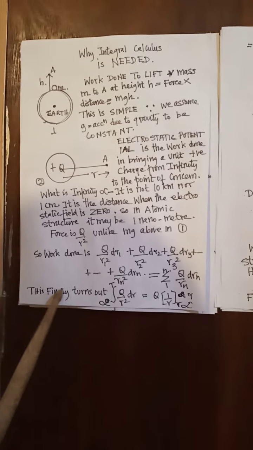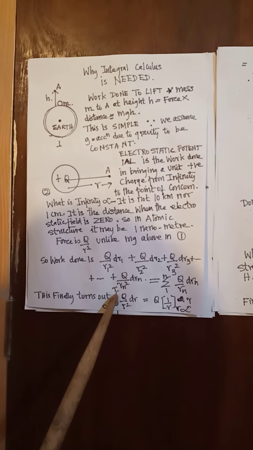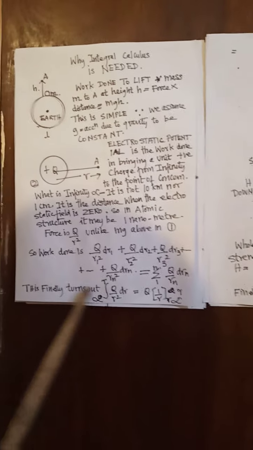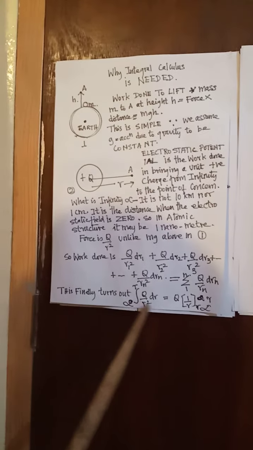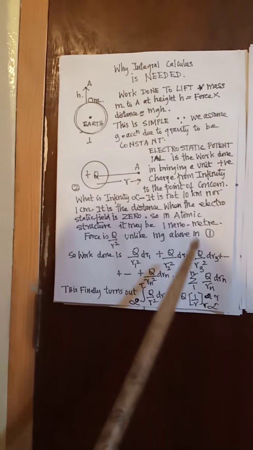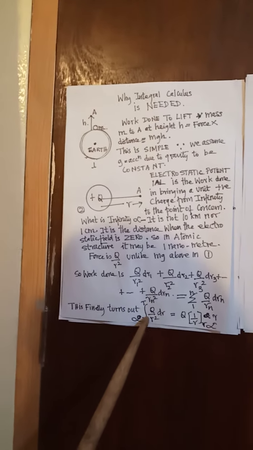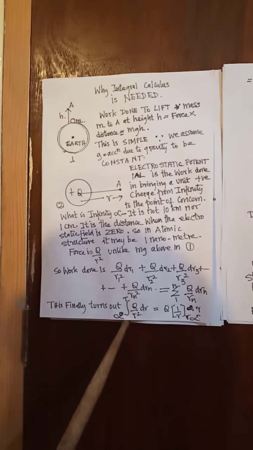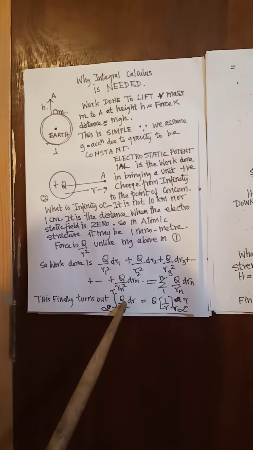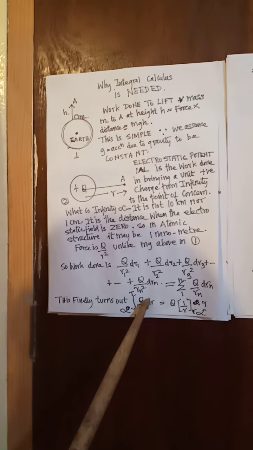And here comes the beauty of integral calculus. You will be doing it when you reach BSc in a nice way. So finally, the work is q by r squared dr. Instead of the summation sign, you get the integral sign from infinity to r. And remember, you don't need to worry. This is a standard integral.